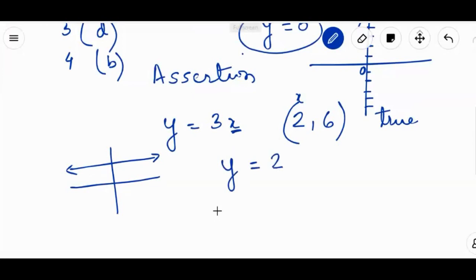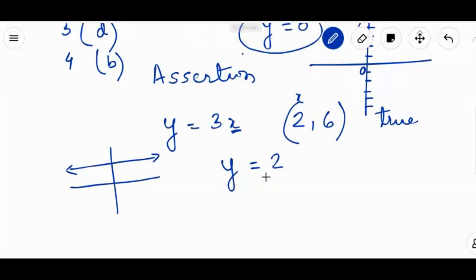Just now we said y is equals to 2. y is equals to 2 will be a line parallel to x-axis. So first statement, the point which lies on the line y is equals to 3x having abscissa 2 is 2 comma 6. This is right. A line parallel to x-axis is y is equals to k is also right. Both the statements are correct.